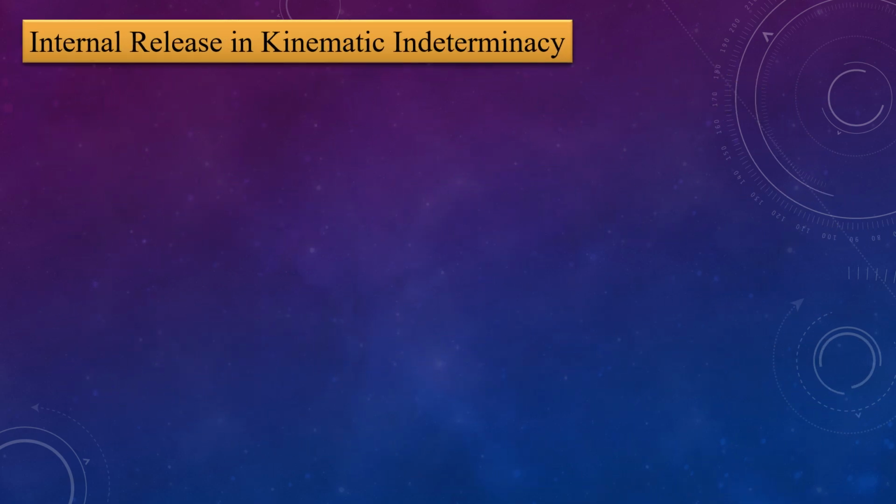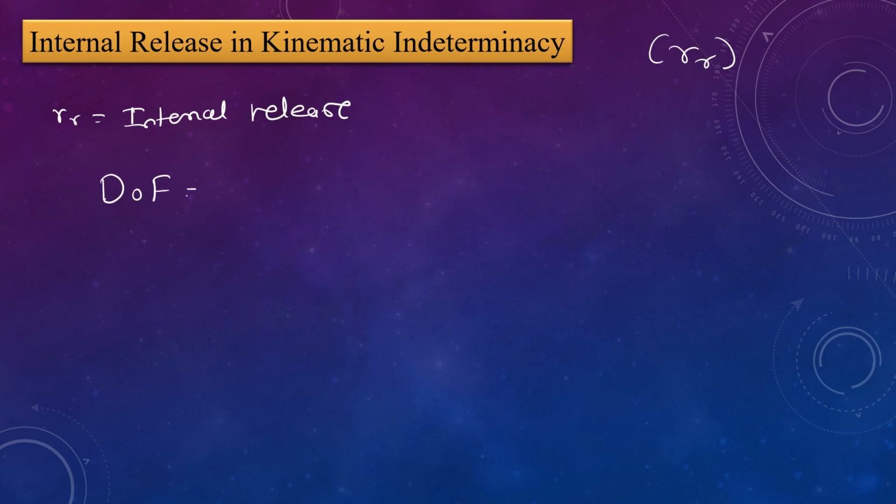Then internal release in kinematic indeterminacy. This is also represented by RR. The same conditions apply here as we first saw in static indeterminacy. Here one value is the internal release and another value is the degree of freedom.